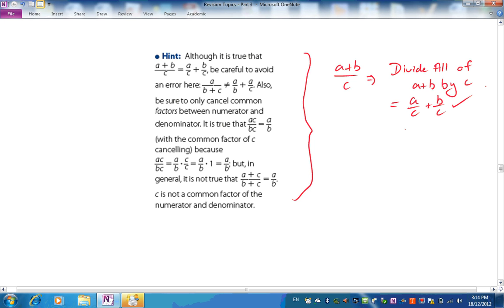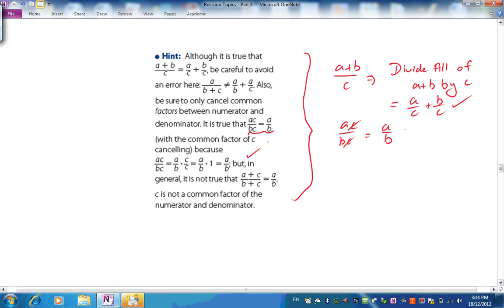And also, I suppose, therefore, if you want to look at this, AC over BC is A over B. Let's see about that one. Because if C is not equal to naught, you can cancel top and bottom.